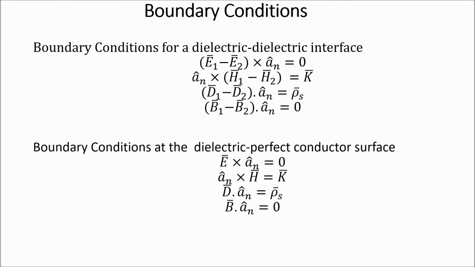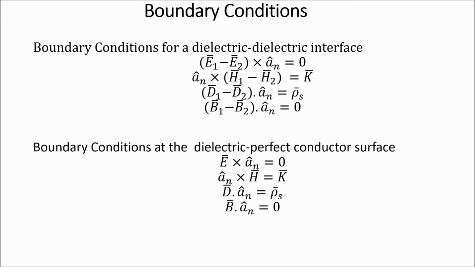And the tangential component of magnetic field and the normal component of electric flux are discontinuous if a surface current density is available on the boundary surface, and if surface charge density is present on the boundary surface.